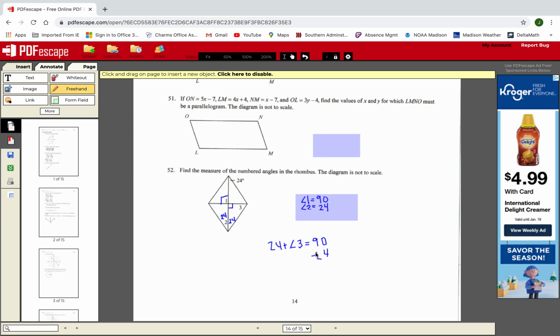The pen is going out. Okay. So for angle 3, 90 minus 24 or 66. Okay. All right.